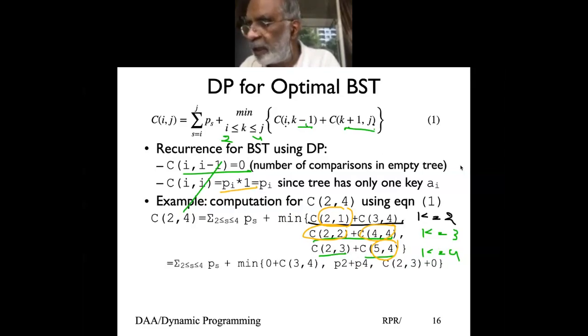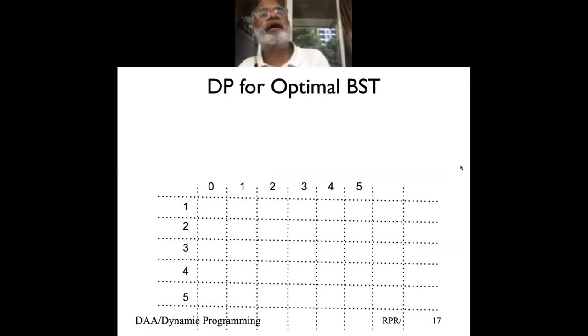So this equation becomes the summation of all probabilities P2, P3, P4, plus the minimum of 0 plus C(3,4), then P2 plus P4, and then C(2,3) plus C(5,4) which is 0. This is what we basically get. So now to evaluate C(2,4), where the gap was 2, I need to evaluate C(3,4) and C(2,3). You can evaluate the same way and continue.